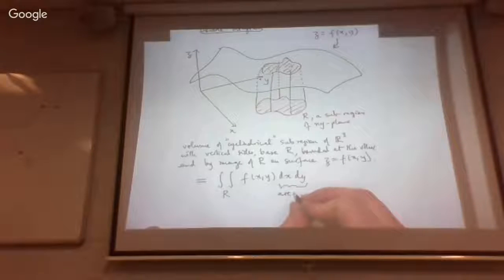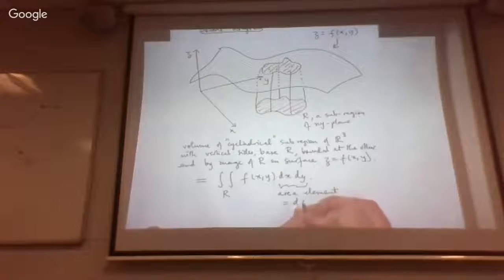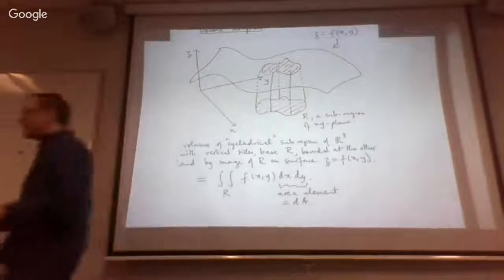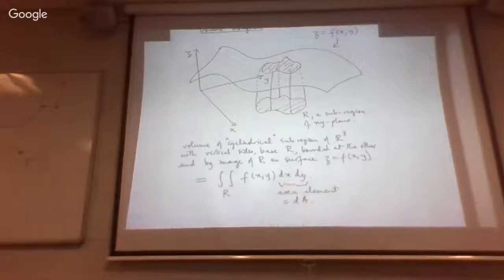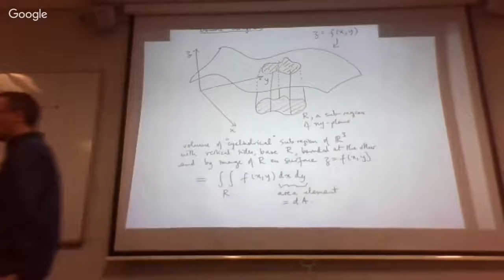This dx by dy is called the area element, sometimes written as dA. So rather than having a kind of arc length element or a length element of the one-dimensional curve here, we have an area element, dA. Now the area element dA in Cartesian coordinates is equal to dx dy.